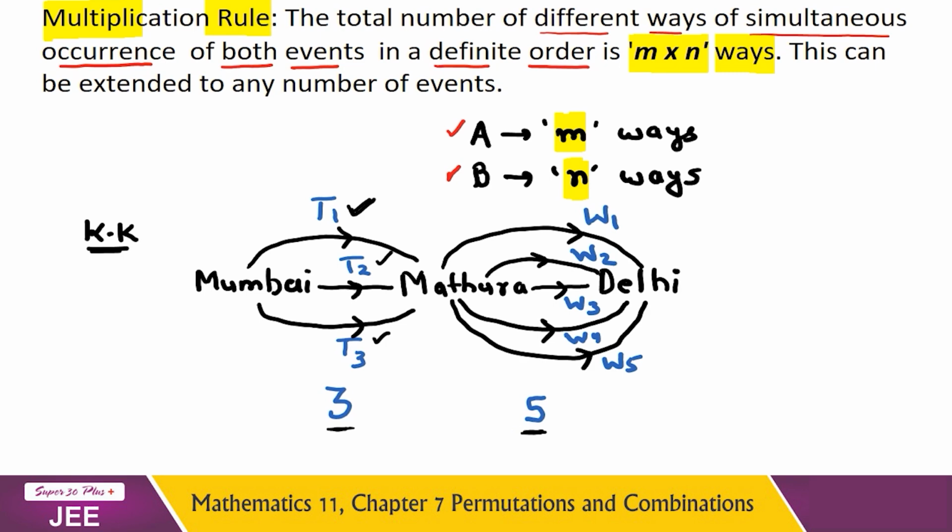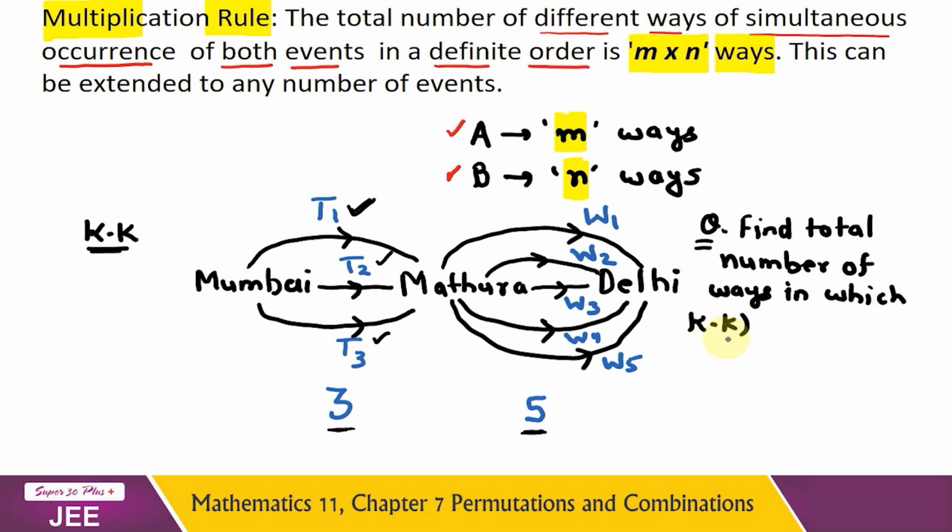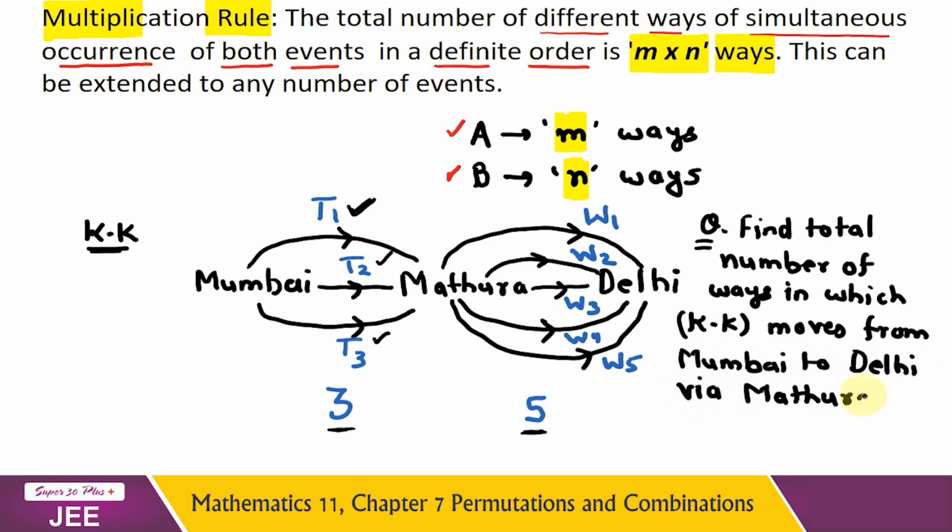But the question that I am going to ask you people is: find the total number of ways in which KK moves from Mumbai to Delhi via Mathura. Alright, are you getting it? The question says that now she has to move from Mumbai to Delhi but via Mathura.